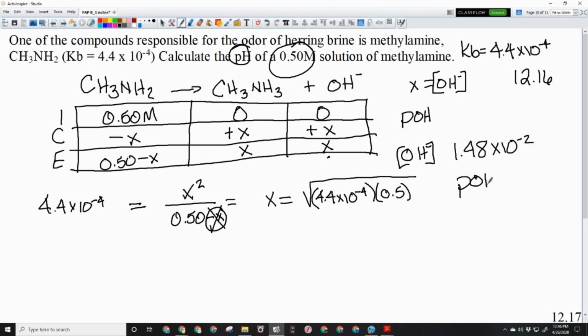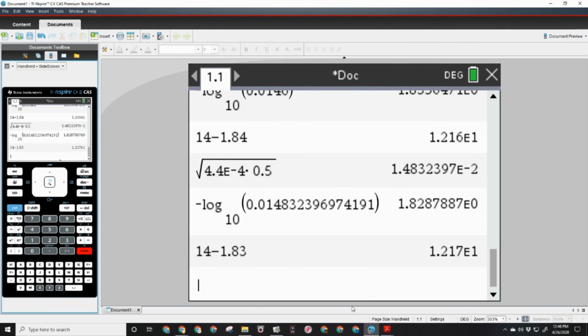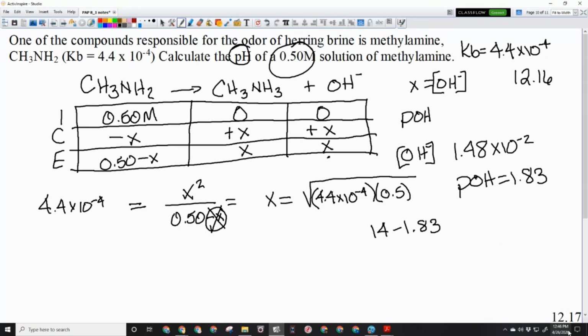So pOH is equal to 1.83. So 14 minus 1.83 is 12.17. Okay, 12.17 right here.